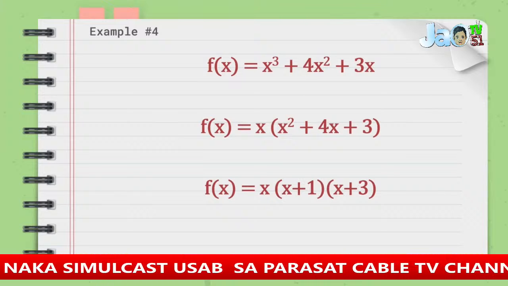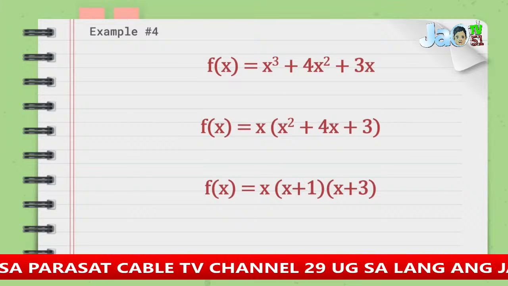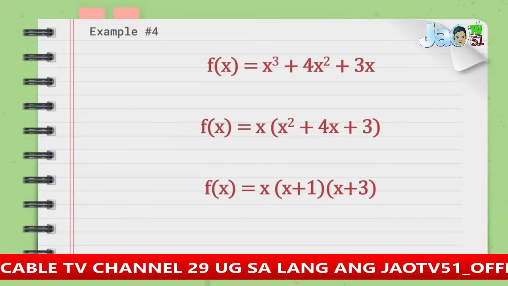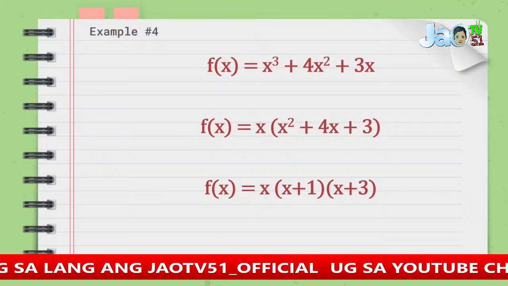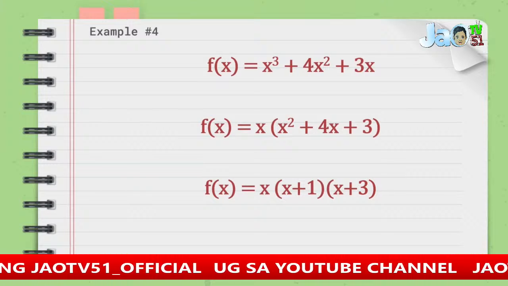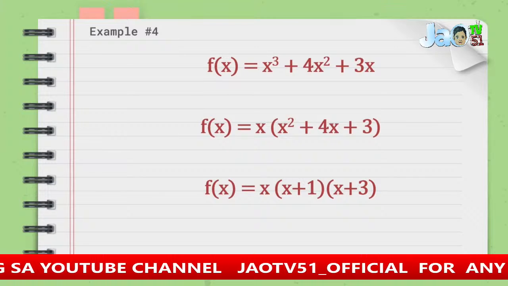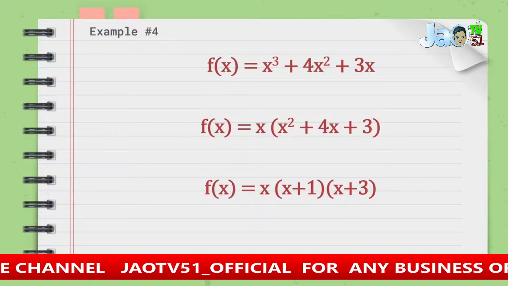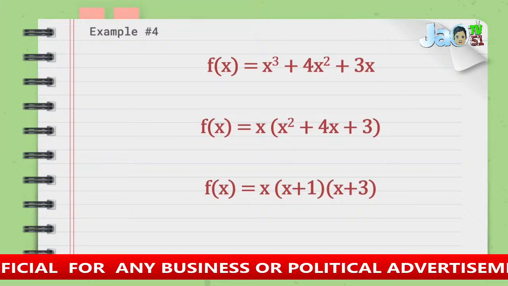So our factored form of the polynomial is f of x equals x times the quantity of x plus 1 times the quantity of x plus 3. Just apply your previous knowledge on factoring polynomials and rewriting polynomials to factored form will be a lot easier.